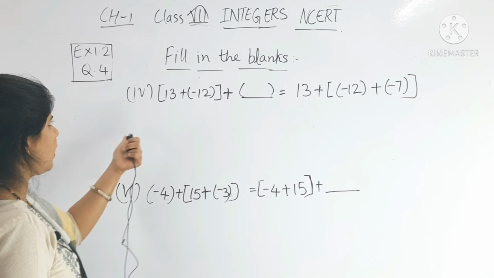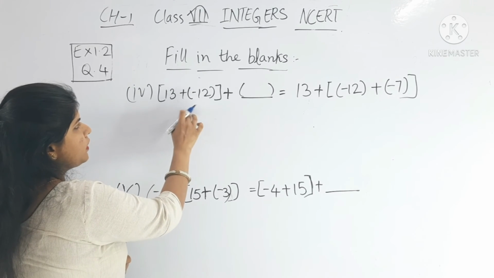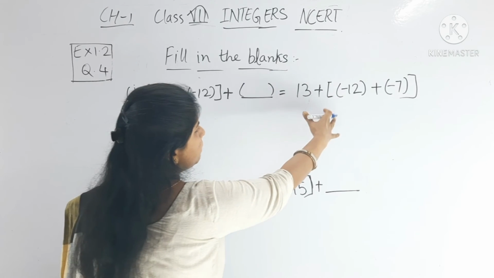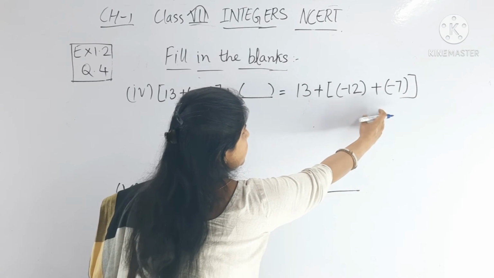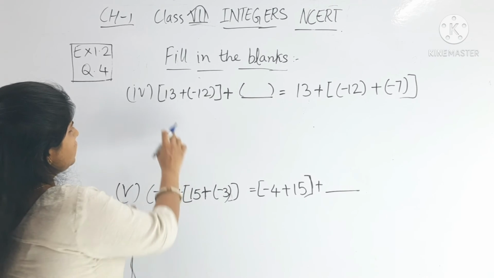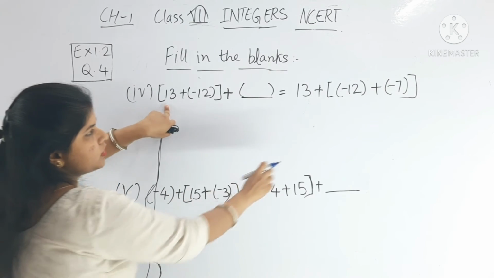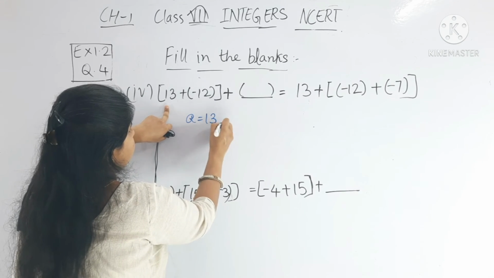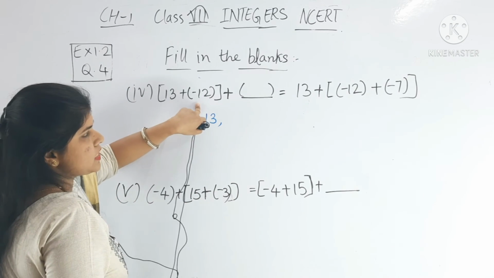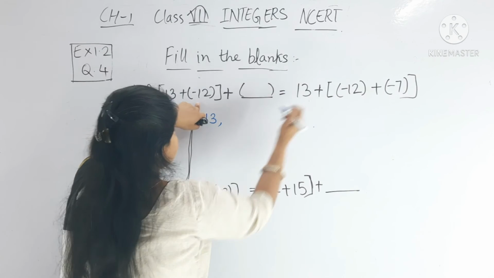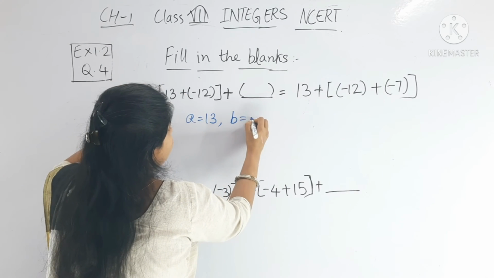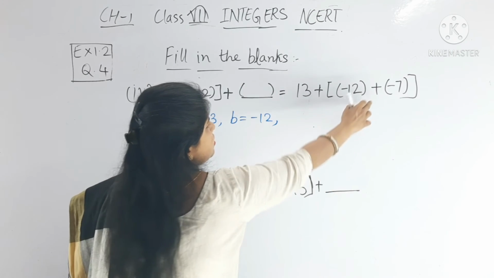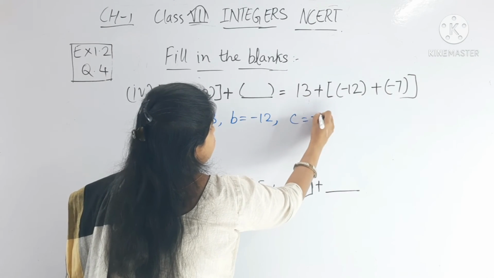Now in the fourth part, 13 plus minus 12 plus dash equal to 13 plus minus 12 plus minus 7. We can see here is also 13, here is also 13. So we can say that A is equal to 13. Here is minus 12 and here is also minus 12. So we can say that B is equal to minus 12. And what is C? C is here minus 7.